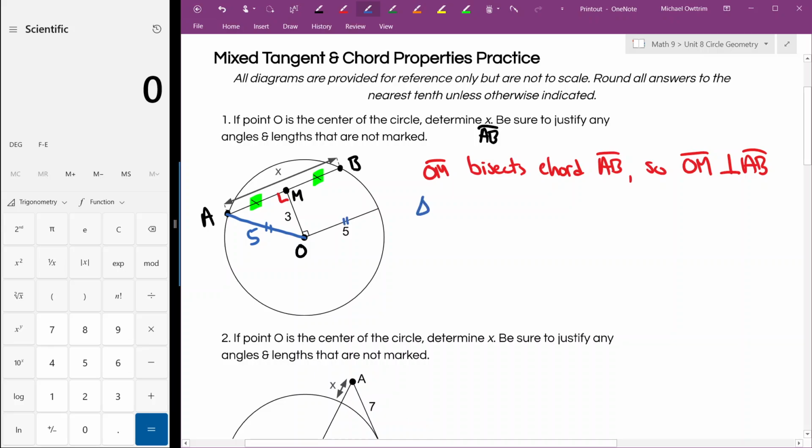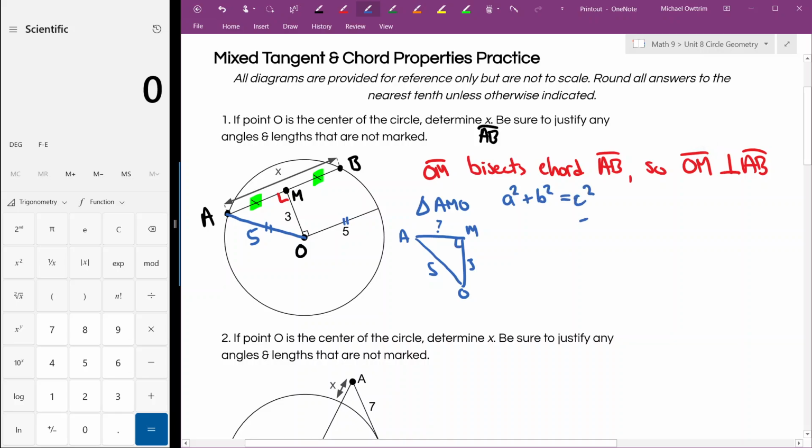So let's look at that triangle. We're going to look at triangle AMO, and it looks like this when we draw it in a simpler way. We got our A to O is 5, our radius, our M to O is 3 from the question, and then we don't know what this side is up here. Okay, so let's go ahead and solve that triangle by our Pythag.